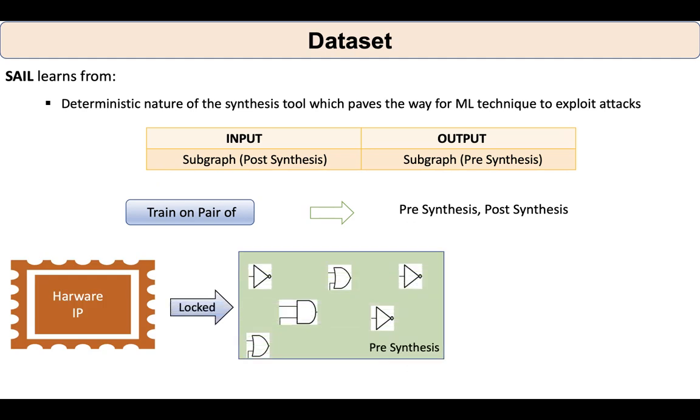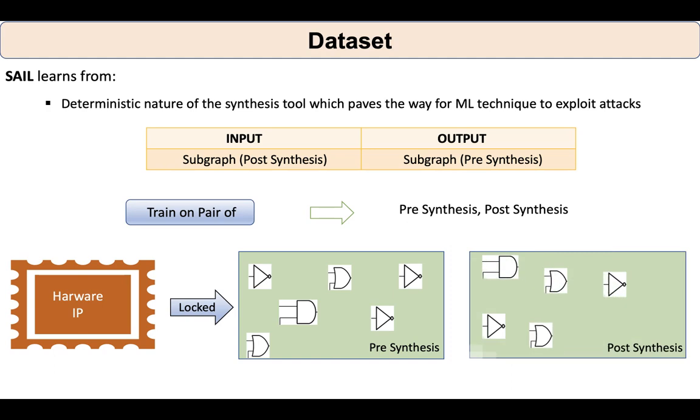Let's look here. A hardware design is basically a connection of gates, and we can consider those gates as graphs. The gate type itself can be taken as nodes and the connected wires can be edges. We will extract the features for each node on pre-synthesis and post-synthesis subgraphs.